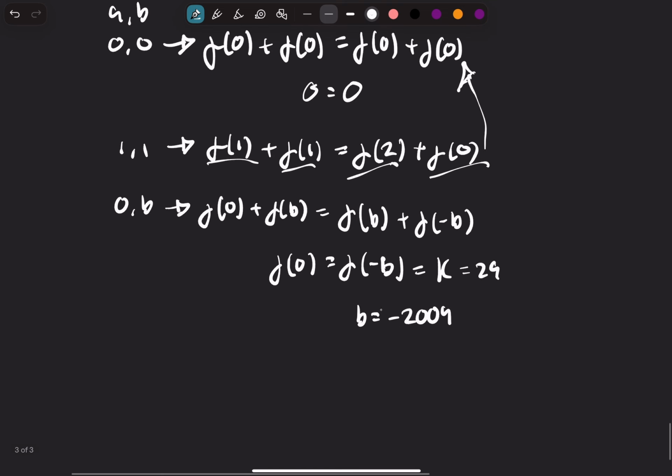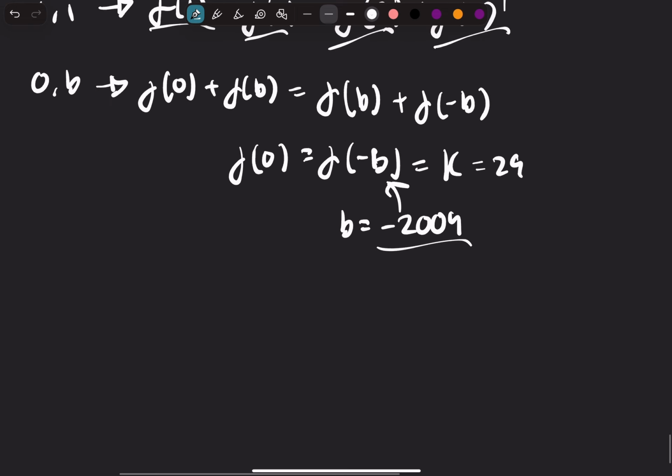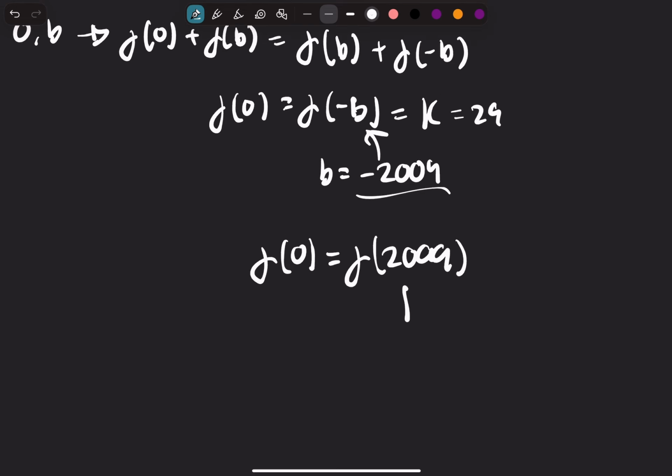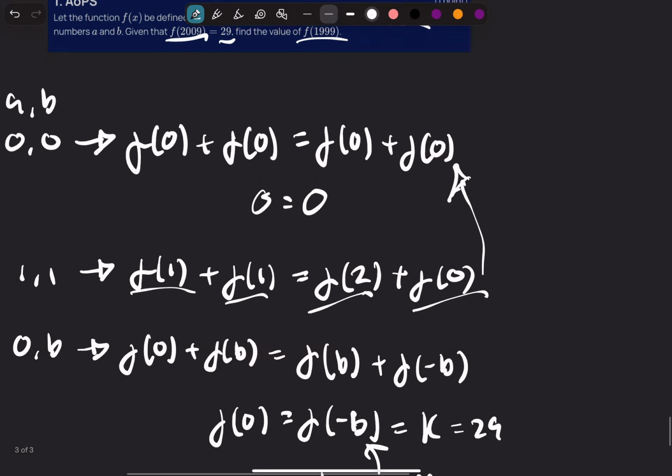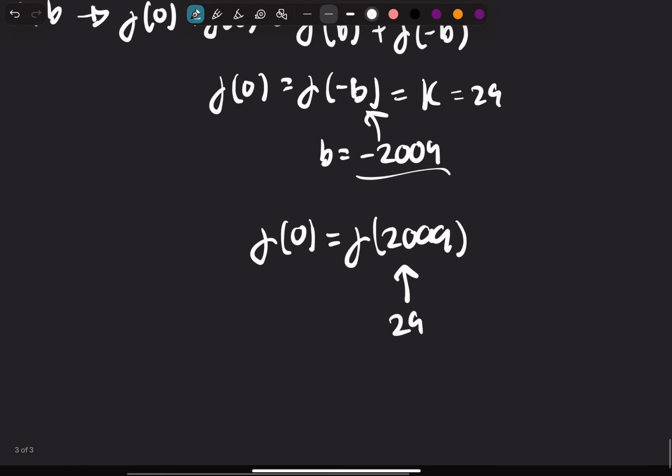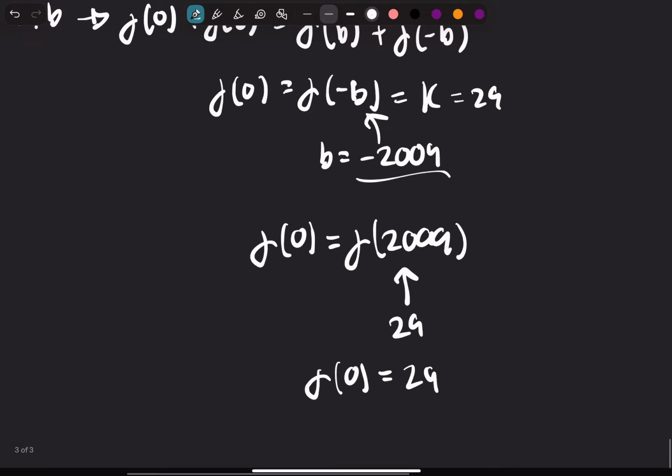If I substitute negative 2009 in for b here, then I'm going to get f of 2009, which is quite nice because we already know what that is. So let's call b negative 2009, so we get f of 0 equals f of negative 2009, which is just f of 2009, and we know that f of 2009 is 29, and so f of 0 is 29.